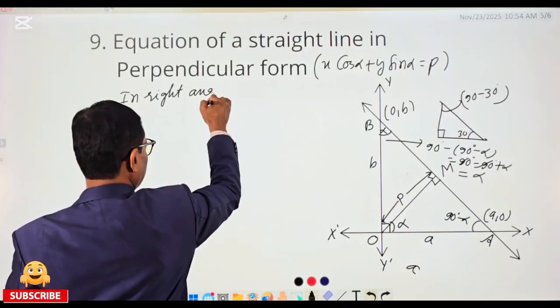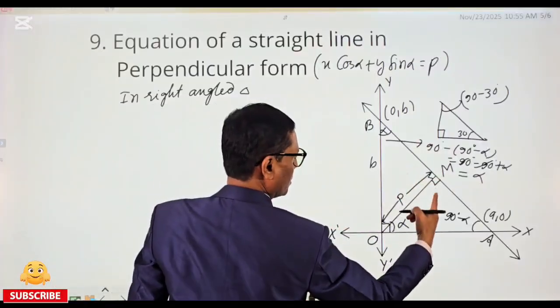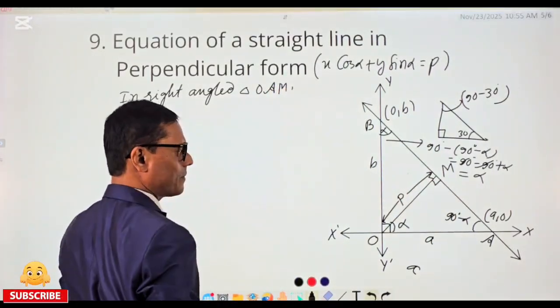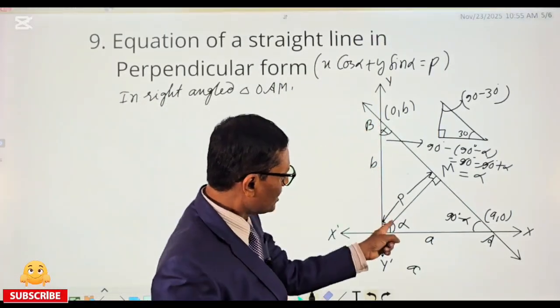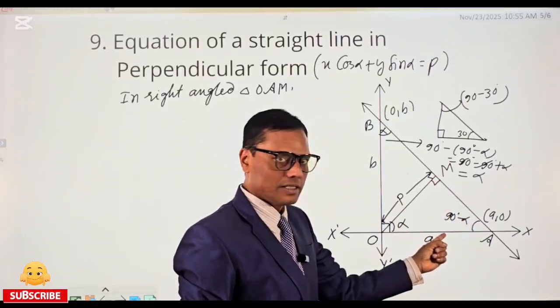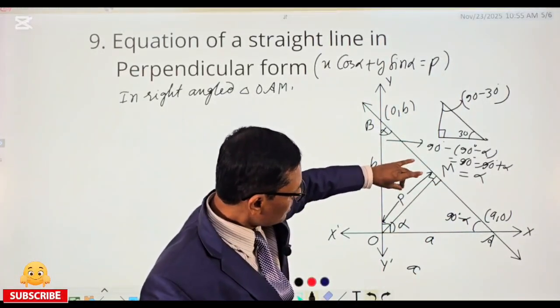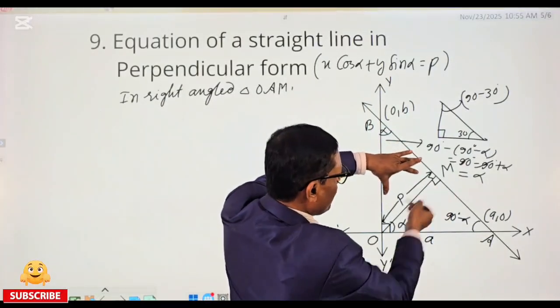Now OM is perpendicular, so in the right angle triangle OMA, for this angle, OM is the perpendicular, OA is the hypotenuse, and this is the base.